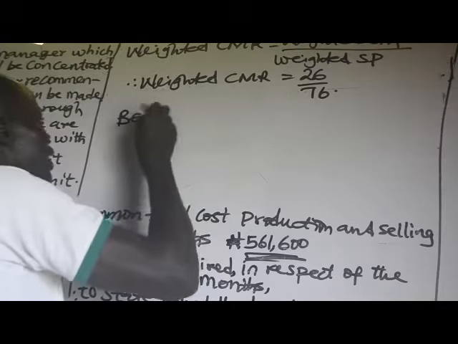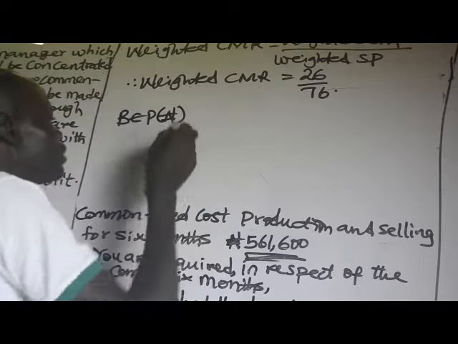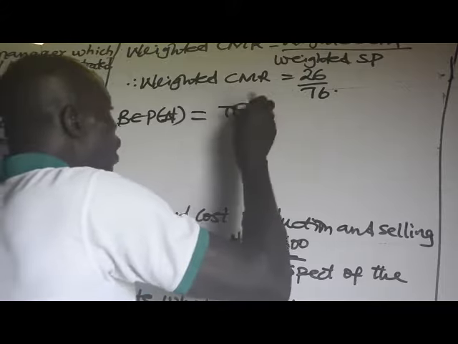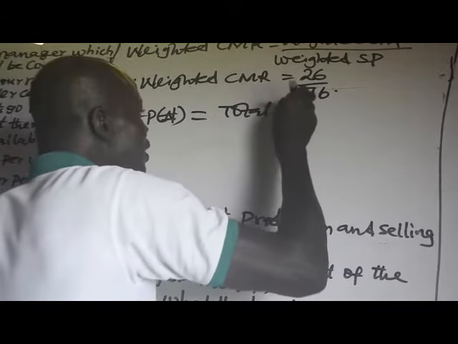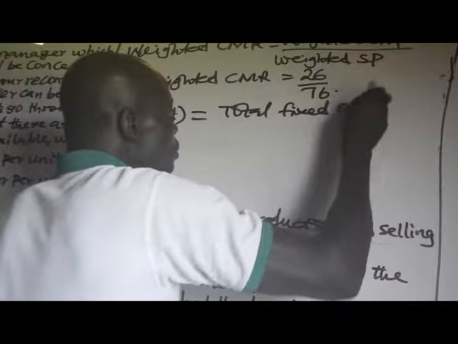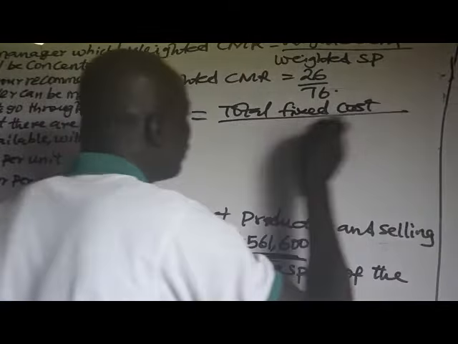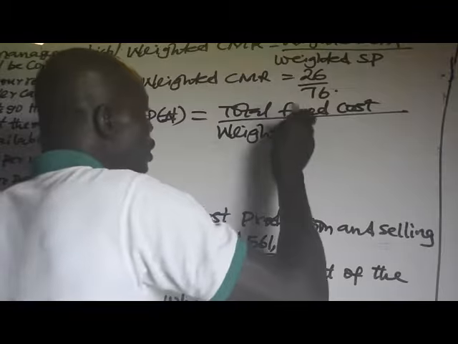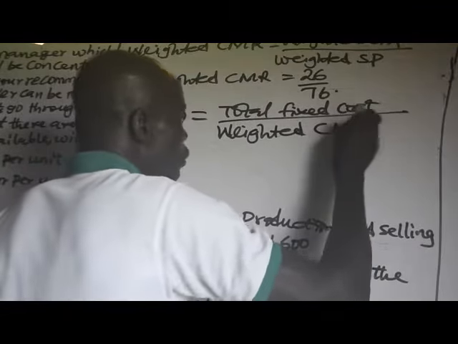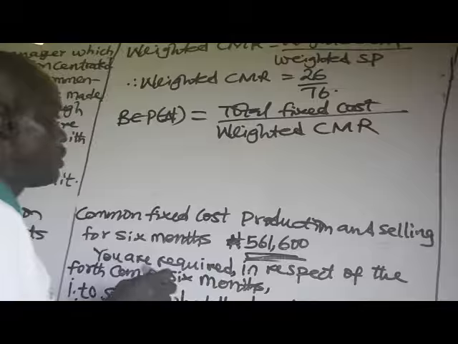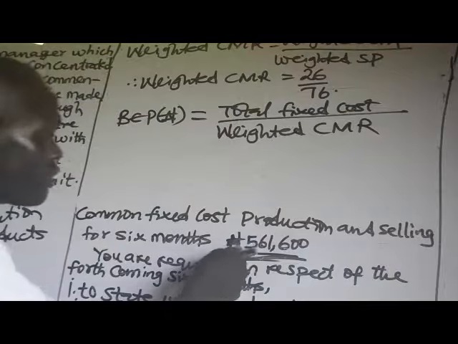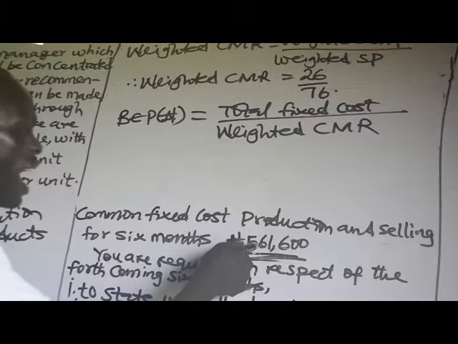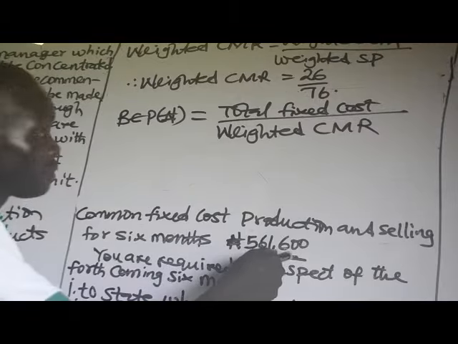BEP in Naira. I've told you that the BEP in Naira is total fixed cost over weighted CMR, the weighted contribution margin ratio. And you have been given the total fixed cost to be 561,600.